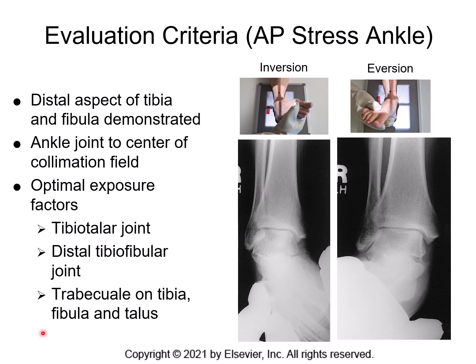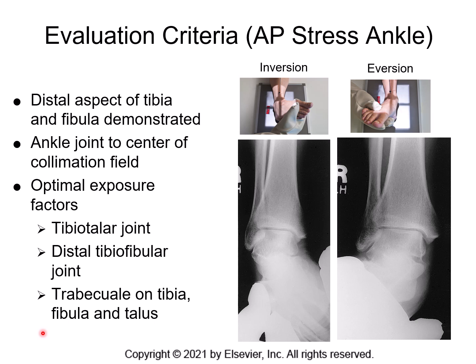So really we're just going to be able to see the distal tib fib, the tibiotalar joint there, and then you'll see the feet going either medially or laterally depending on which stress view you're looking at.